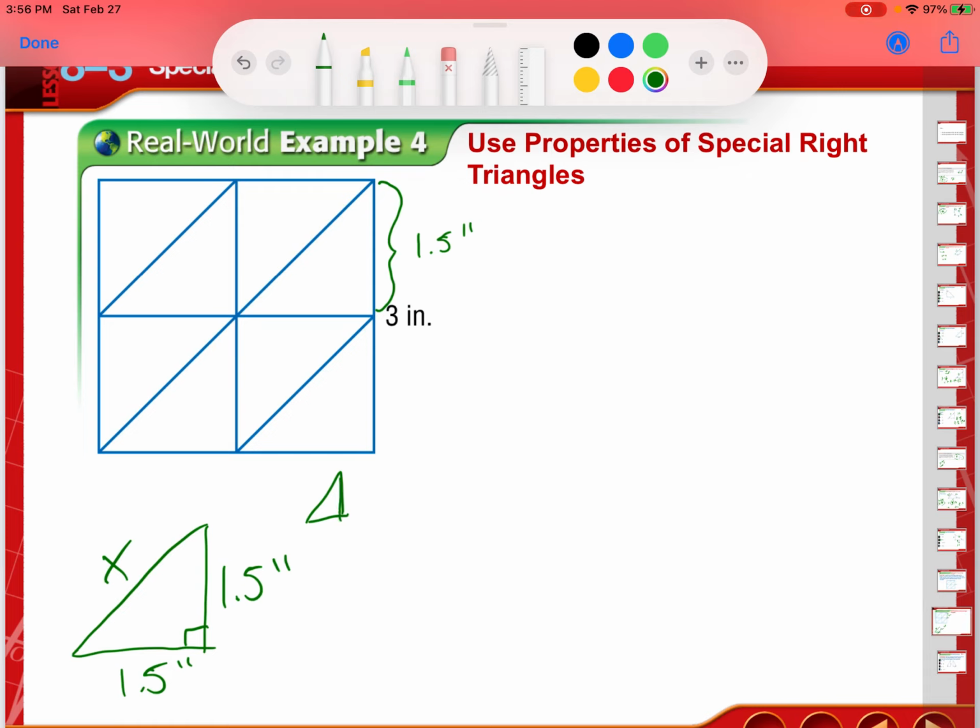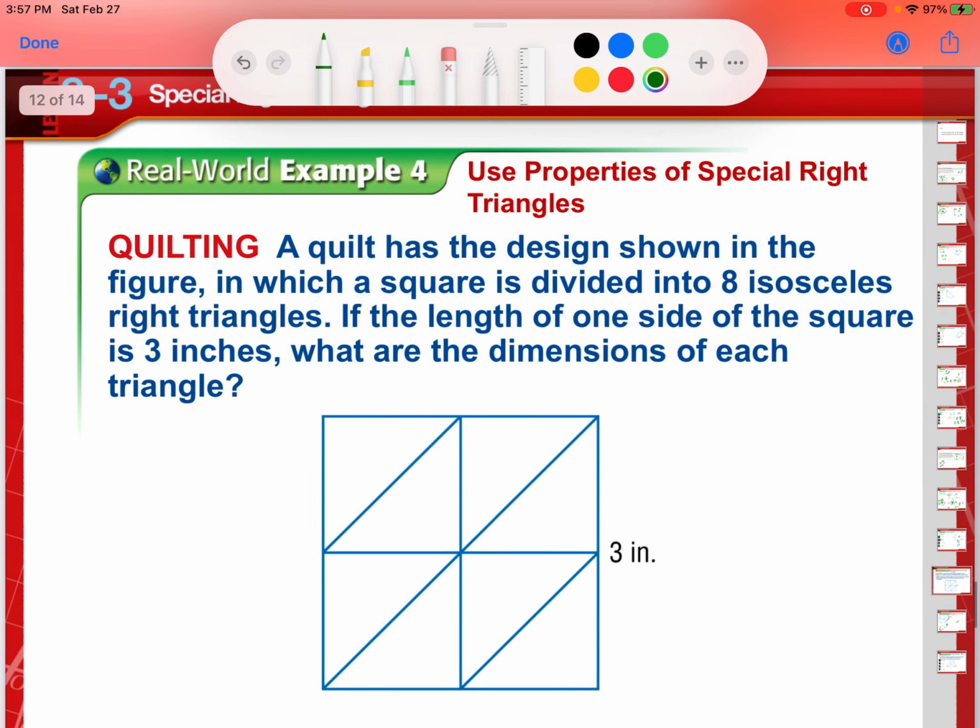However, we know in a 45, 45, 90 triangle that we have L, L, L root 2. So the hypotenuse of this triangle is going to be 1.5 root 2.